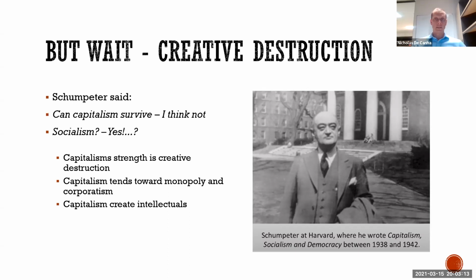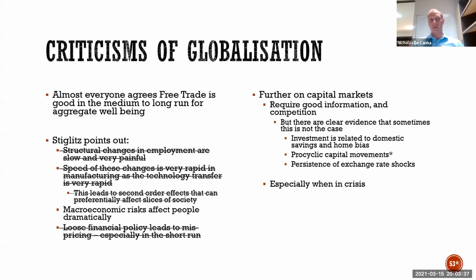Capitalism also tends to create intellectuals because there's some sort of abstract element. And these are all his comments, right? These are not me. And socialism is sometimes politically irresistible, particularly when capitalism doesn't work for the majority of people. So this is his perspective, and I think it highlights some of the challenges that globalization creates.